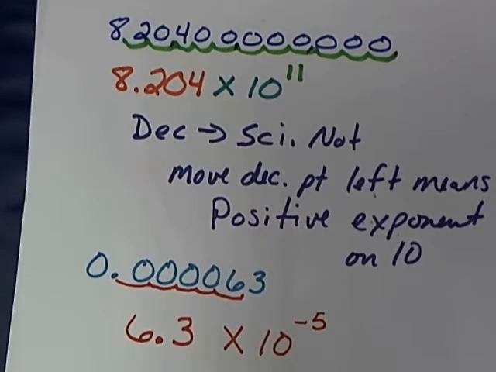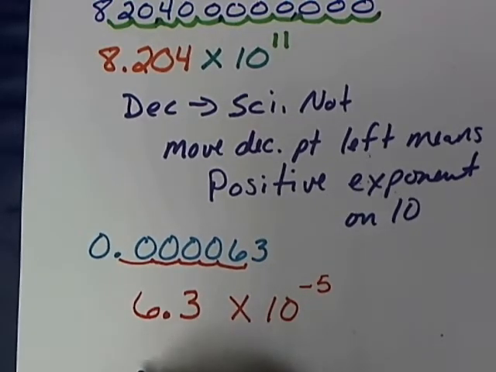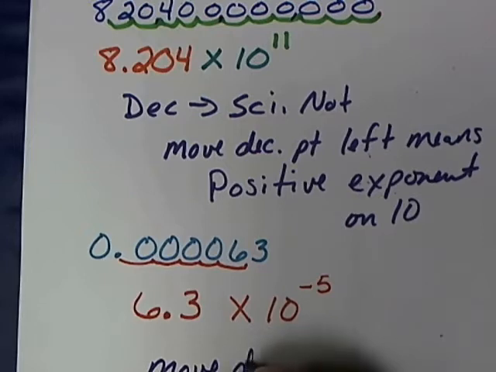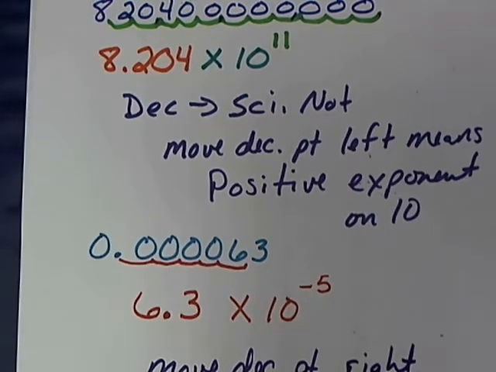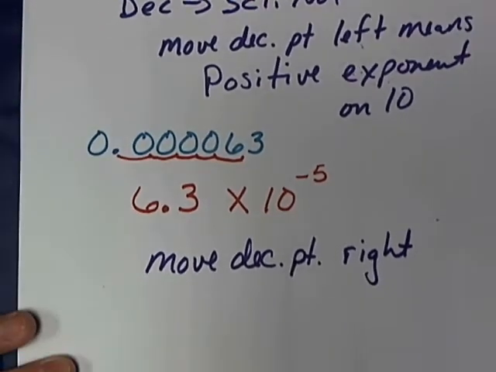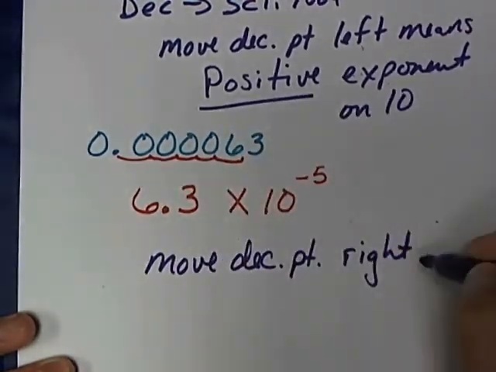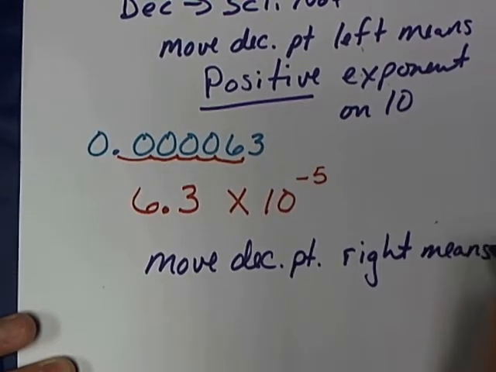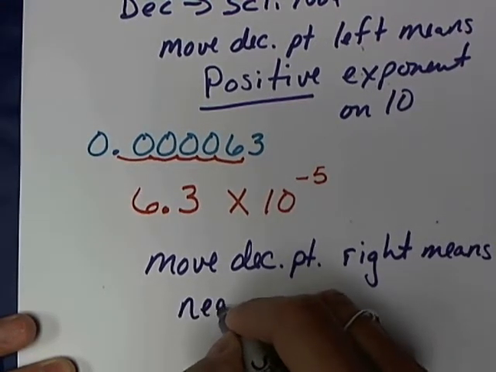Okay. So when we're going from decimal to scientific notation, and we move the decimal point right, that means we have a negative exponent.